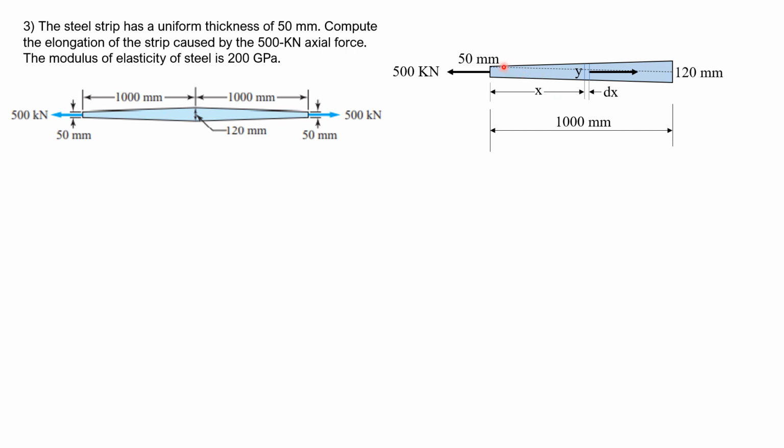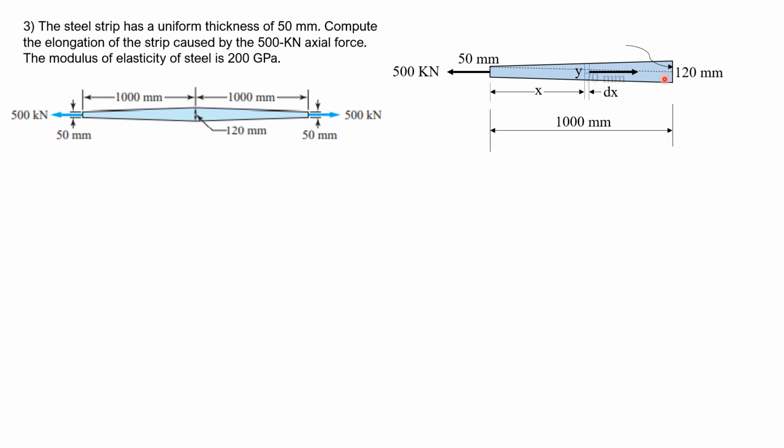By similar triangles, we draw this line here parallel to this bottom side, so that this is 120 minus 50, so this is 70 mm, and the entire height of this strip is y. For the application of the similar triangle, this triangle here, this is y minus 50.